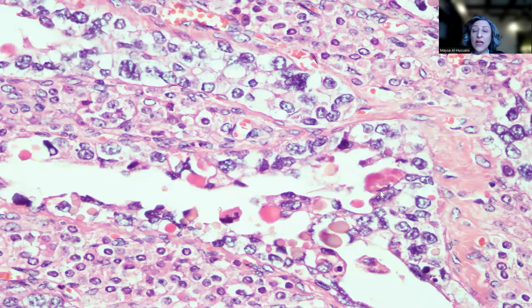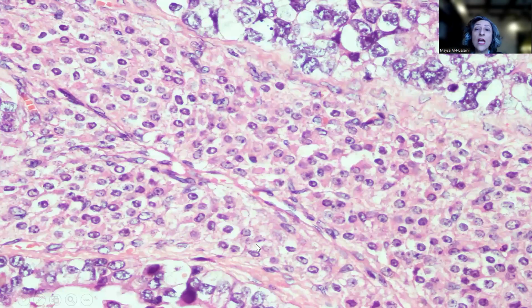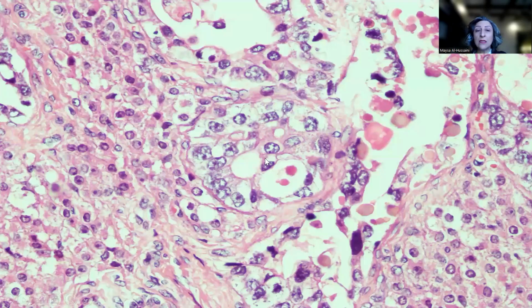Now, some of the glands contain those acidophilic globules within the cytoplasm of the tumor cells. What was really also noted is that the stroma in between the glands focally contains those aggregates of what look to be endocrine cells with monomorphic appearance, vesicular nucleus, small inconspicuous nucleoli, and granular cytoplasm.